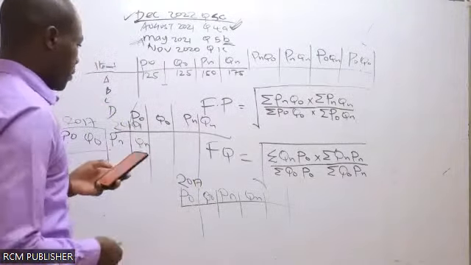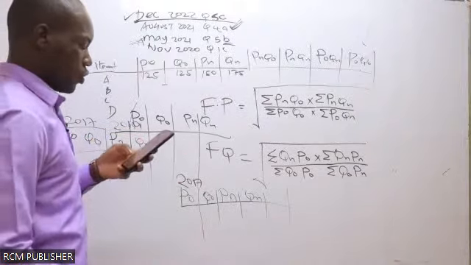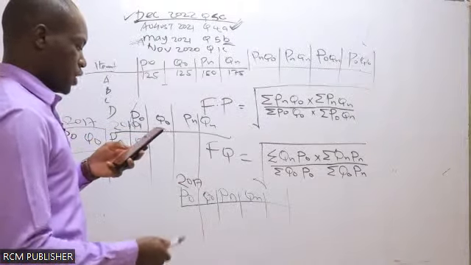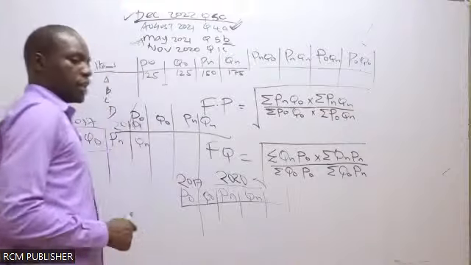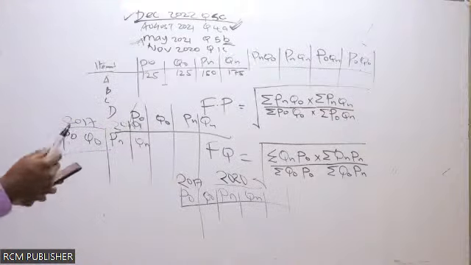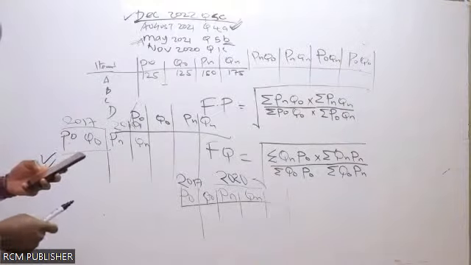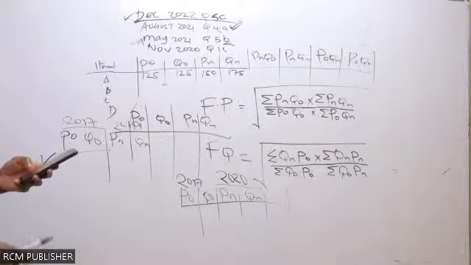And also this time round, you are not taking 2019 as the reference period. No, you are being told to get for 2019 and 2020. And therefore, your next table, you should have the values for 2020 as the year of interest, or current period.